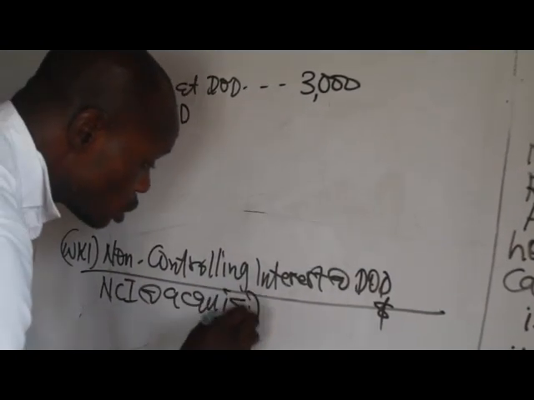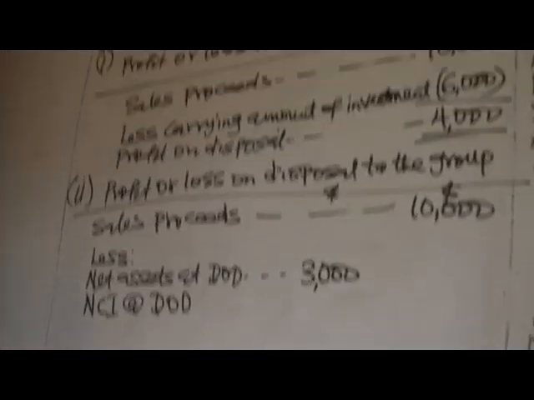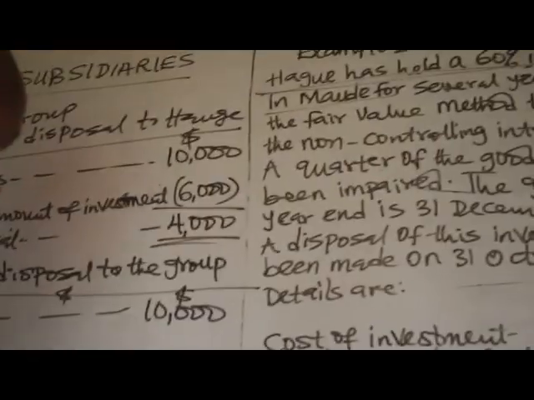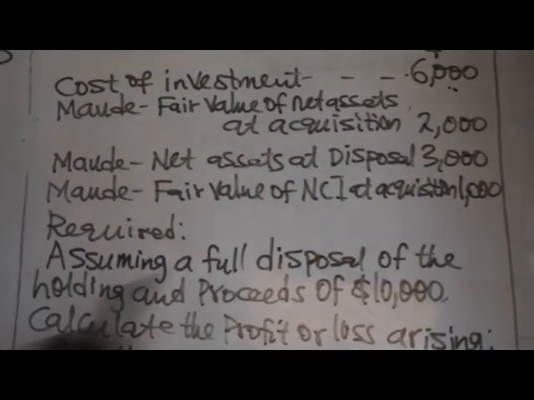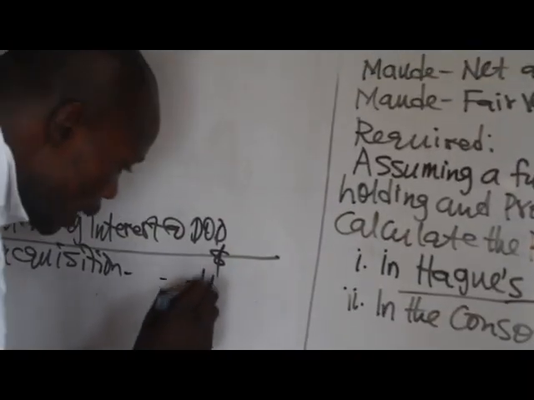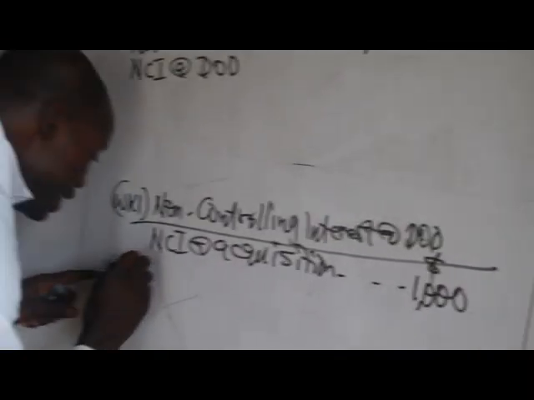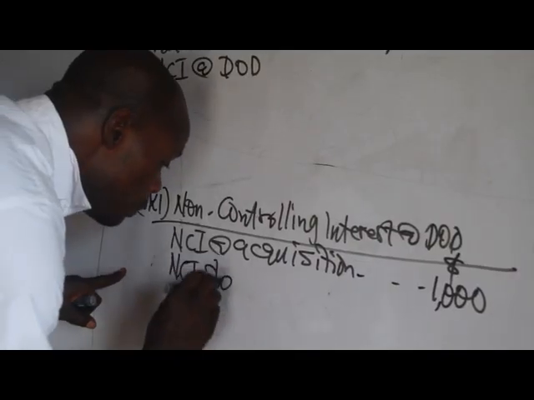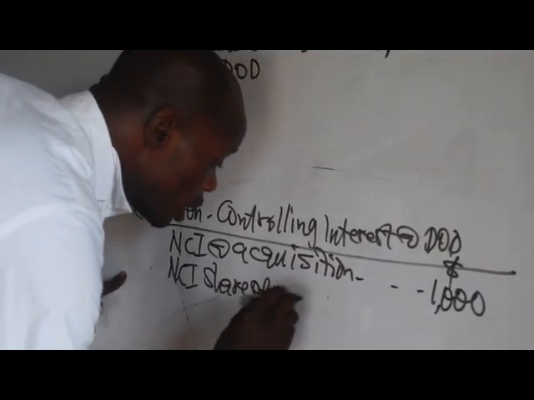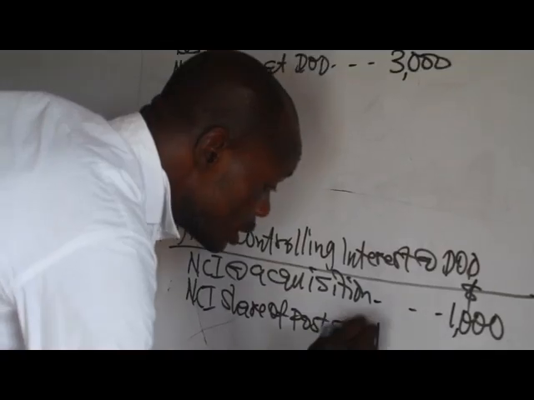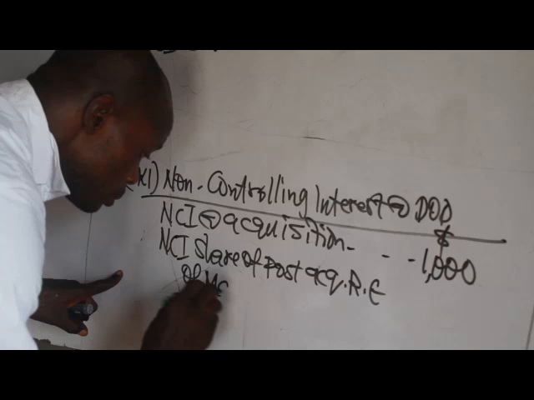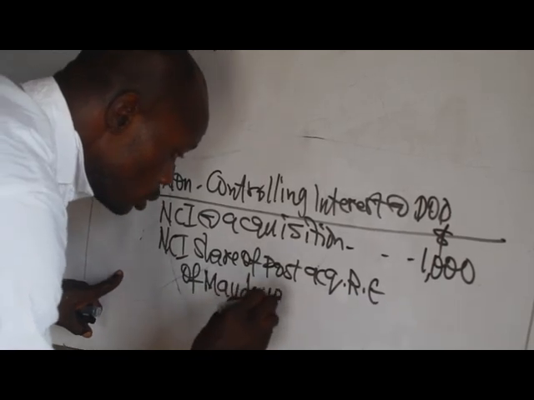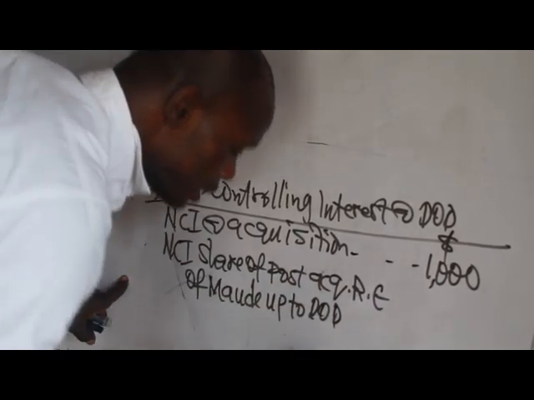NCI at acquisition. On acquisition of the subsidiary, how much was the non-controlling interest? You were given the fair value of NCI at acquisition, which is $1,000. So NCI at acquisition is $1,000. We now have NCI's share of post-acquisition retained earnings of Mild up to the date of disposal.